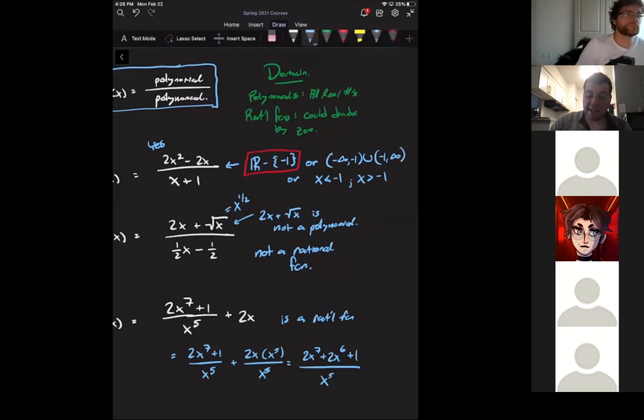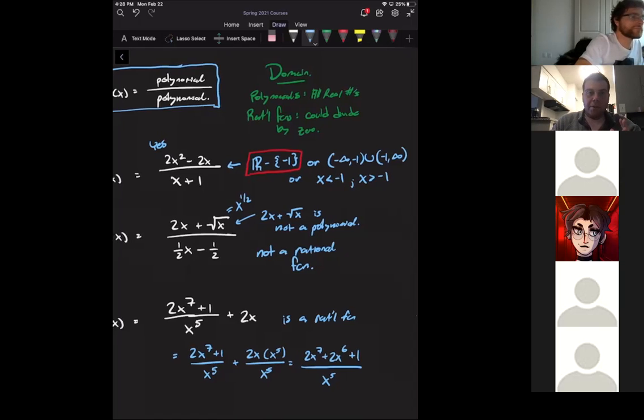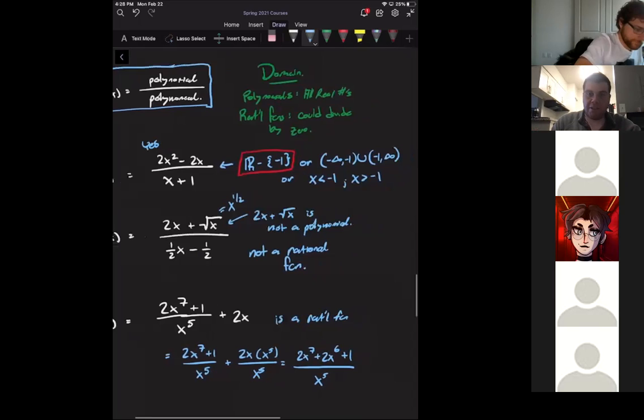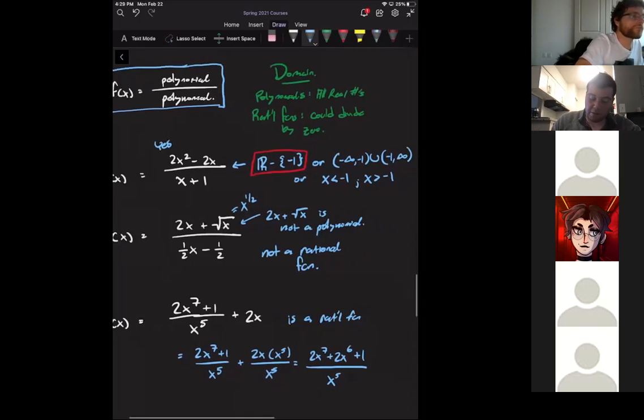So x is less than -1, comma, x is greater than -1. So that's 3 ways that we can specify the domain. And you're welcome to use any way you want for this class. Well, I guess one of these three ways is probably what's expected to use.